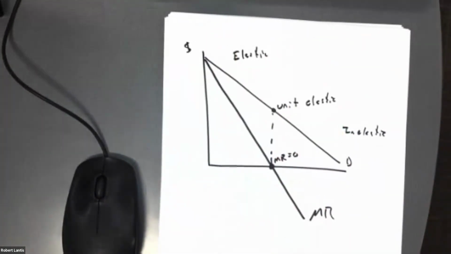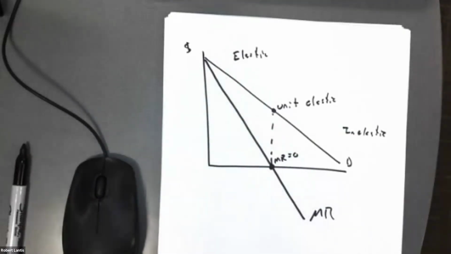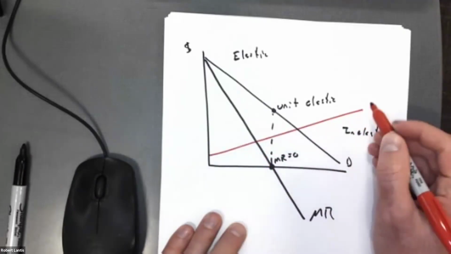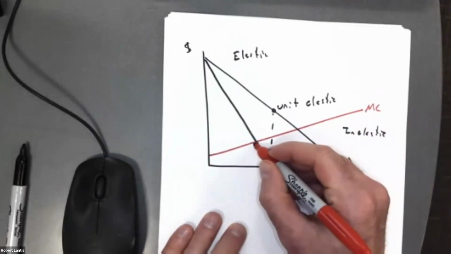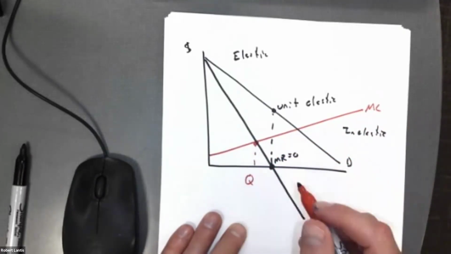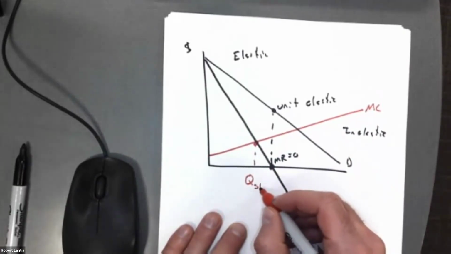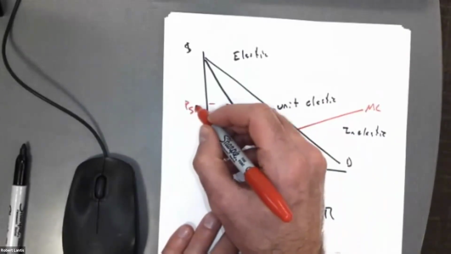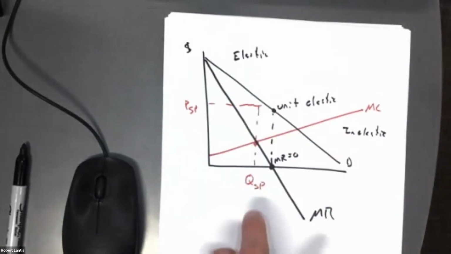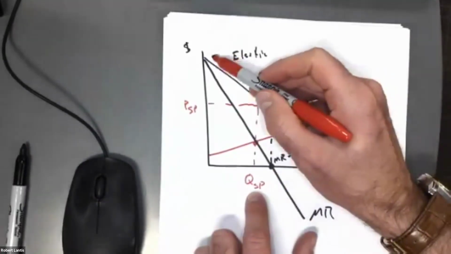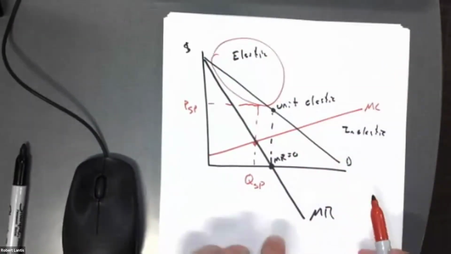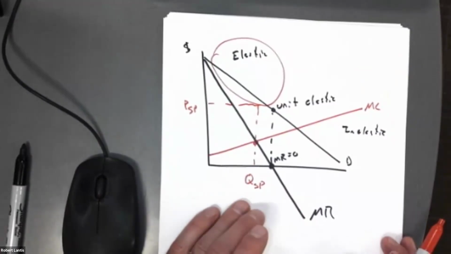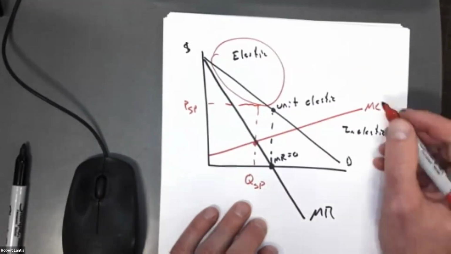Anytime it's negative, inelastic. So as long as I have costs above 0, where would the single price monopolist choose? Where marginal cost is equal to that twice as steep marginal revenue curve, go up to the demand curve, set that price. So the single price monopolist will always be on the elastic portion as long as we have any marginal costs.